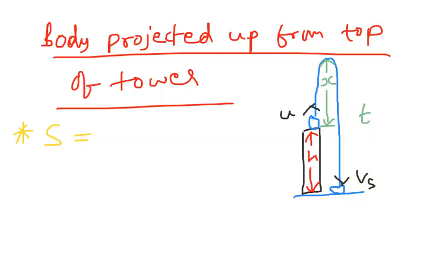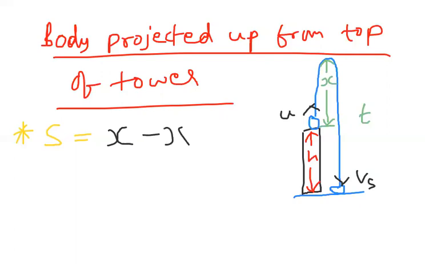So first, going upward, always take the initial direction as positive, so s is equal to x. Afterwards, coming down means the direction is opposite, upward versus downward, so we have to give the sign convention: coming down, I have to write minus x.